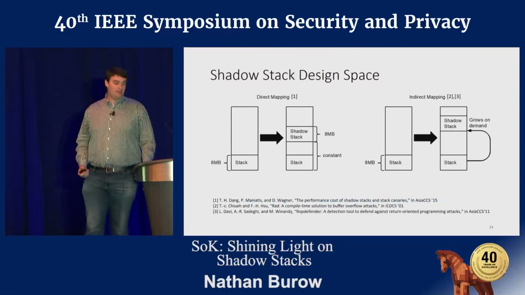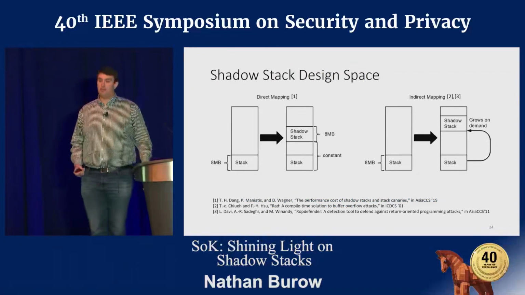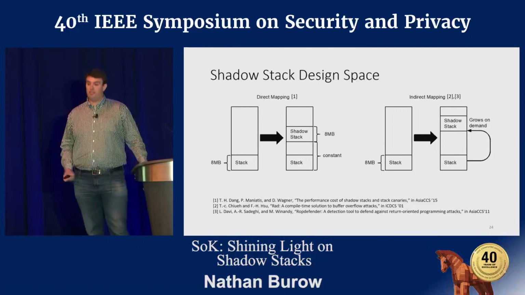Since this is an SoK, I'm going to briefly introduce the shadow stack design space before moving to our recommended shadow stack for deployment. There are two main methods of mapping from the program stack to the shadow stack. Starting with, on the right side of the screen here, the indirect mapping.